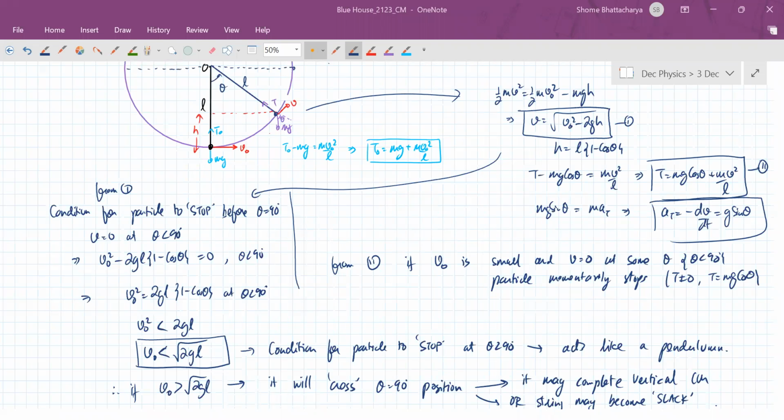But that will happen at some theta after 90 degrees. Okay, so now let us understand this condition in more detail.